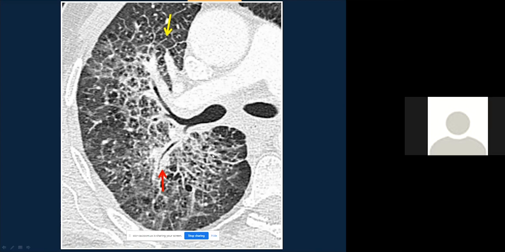Here you can see normal lung and we don't see lines, but here they are very prominent. And we also see a bronchus here, and the soft tissue surrounding this bronchus is thickened. This is the peribronchovascular thickening that we see when we have lymphangitic carcinomatosis or lymphangitic spread within the lung.